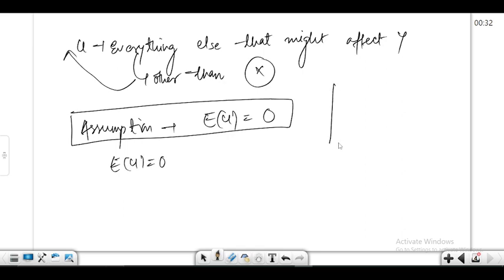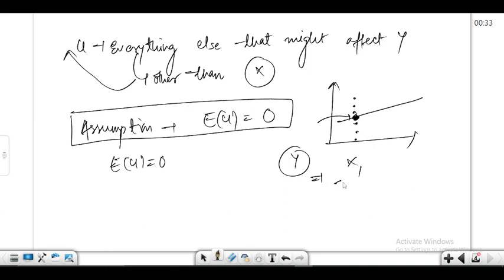What it means is that if this is x1, this is the population function, and I have different values of u for the same value of x. So if I add all these terms, this is my expected value of y, the average value of y. Some values of y would be less than the average, and some would be more than the average. So the average effect of all these y values will be 0, or the expected value of the error term will be 0.